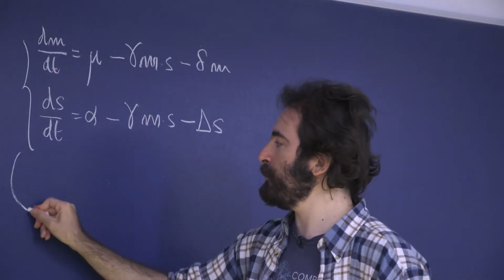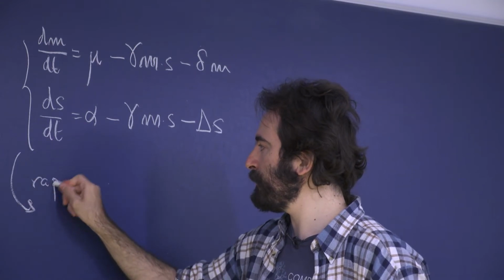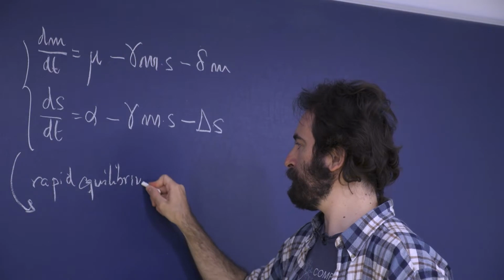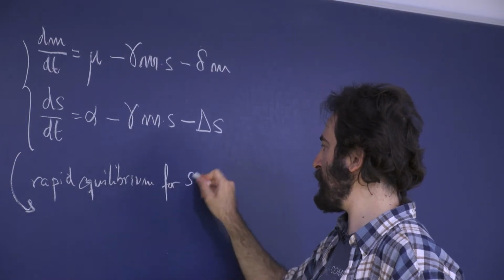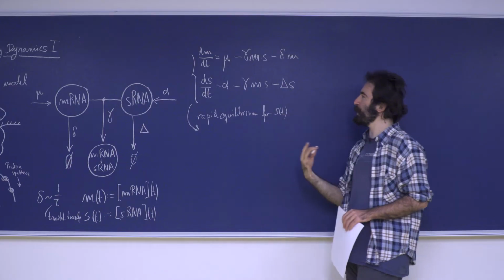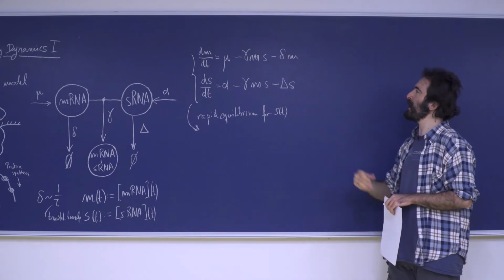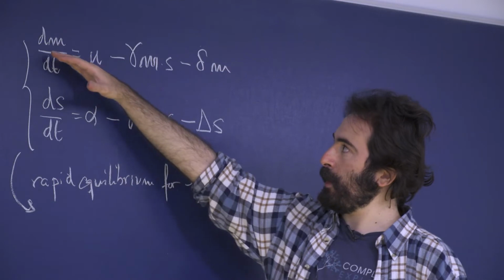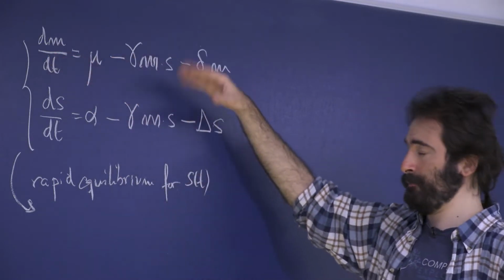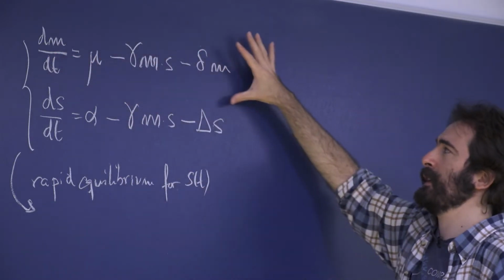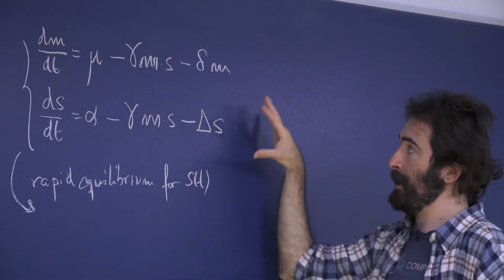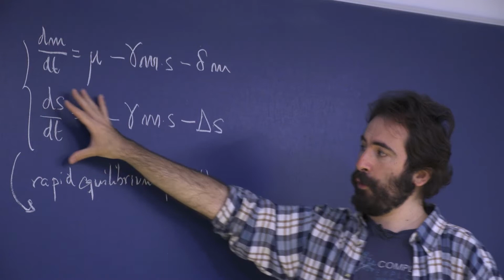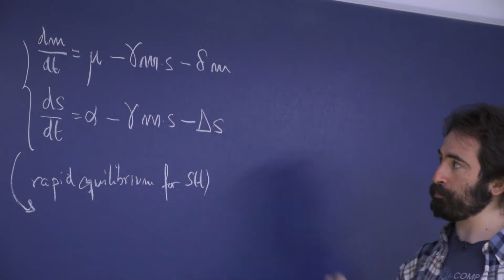So we will assume rapid equilibrium for S of t, right? So in other words, we're looking at a time scale governed by the translation of mRNA, or if you want, translation and decay of mRNA. This is the time scale that we're going to be focusing on, and we can argue that this time scale is much larger than this one, therefore this should be in equilibrium.